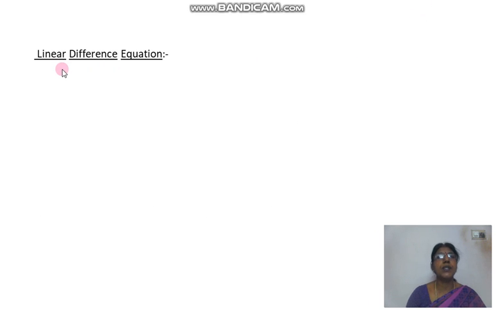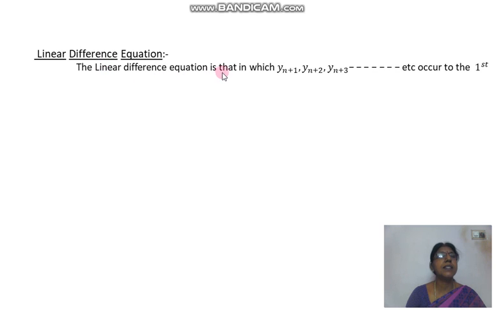Now the definition of a linear difference equation. A linear difference equation is one in which the terms yn plus 1, yn plus 2, yn plus 3 and so on occur only to the first degree, that is, power 1 only, and are not multiplied together. Then we say the equation is a linear difference equation.